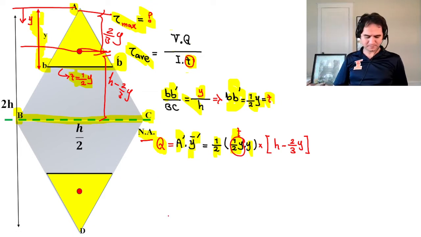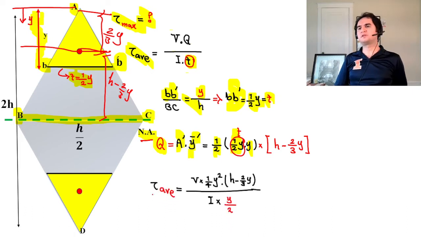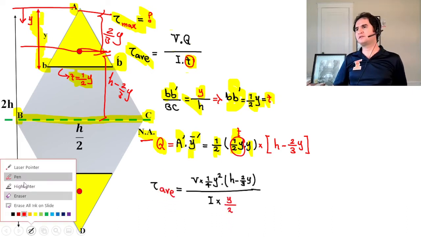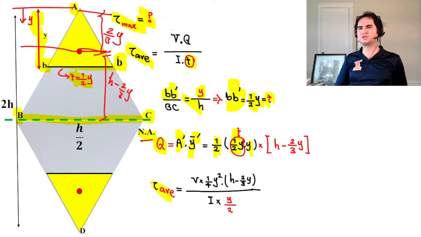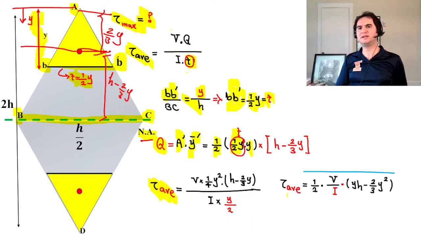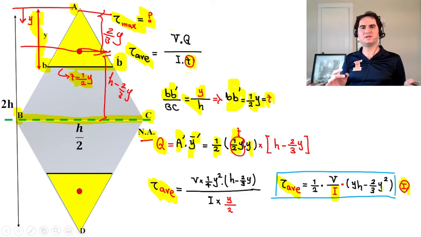Now if you replace what we have in the original equation, that's tau average equal to this, and if you simplify that, it gives you equation 1, which says tau average is a half of V over I times, in parentheses, yh minus 2/3 of y squared.